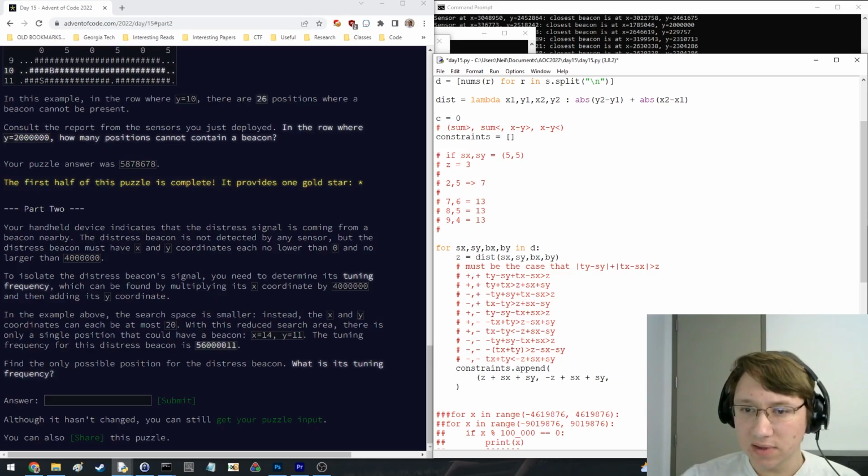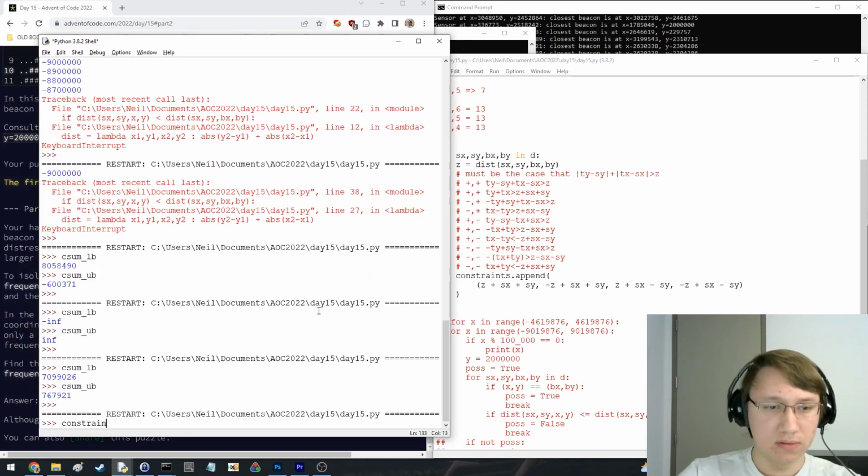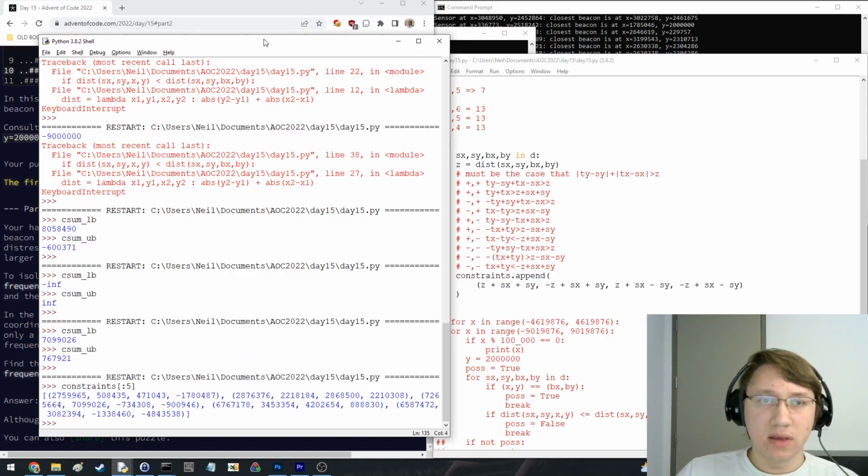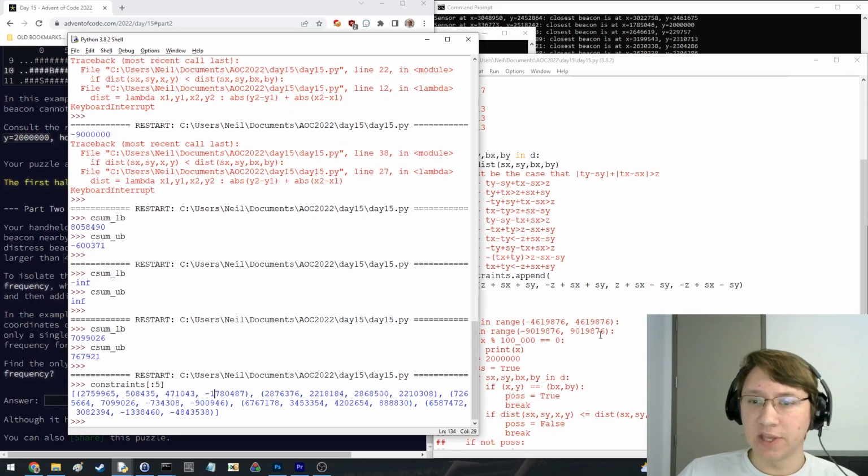Next, the difference can either be greater than z plus sx minus sy, or it could be less than minus z plus sx minus sy. Okay, so these are going to be our constraints. We have these constraints now, and exactly one of these must be obeyed for each point.